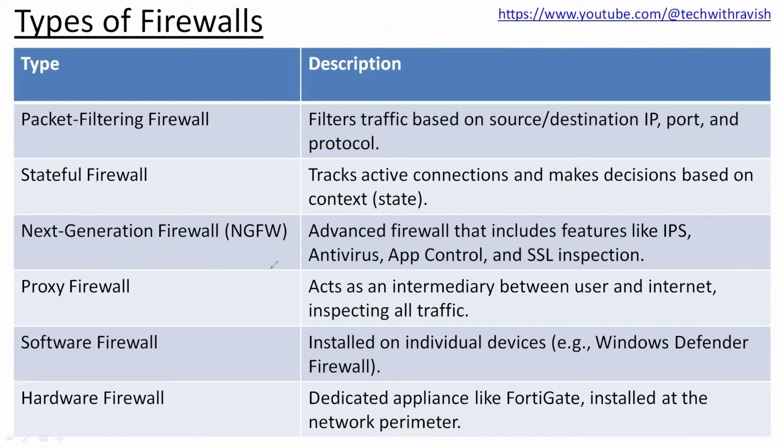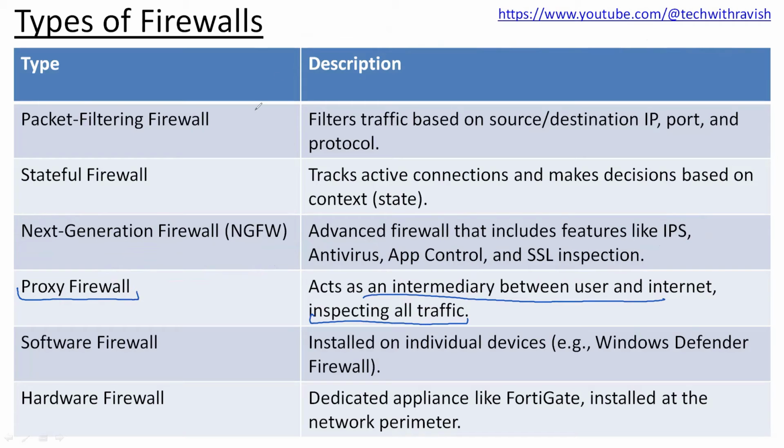Let's talk about the proxy firewall. Proxy firewalls act as an intermediary between the user and the internet for inspecting all the traffic. A proxy firewall is also an application layer gateway.